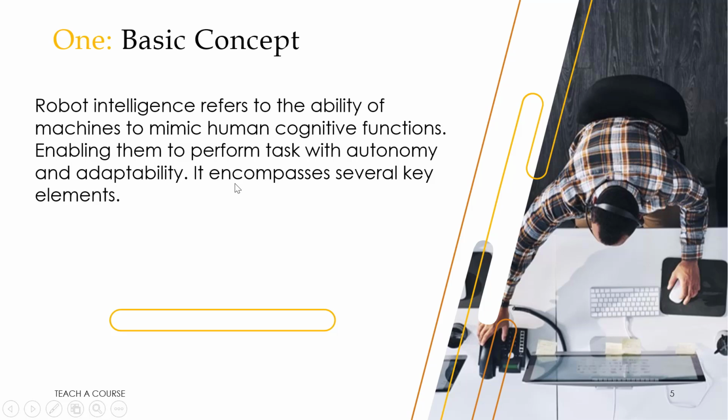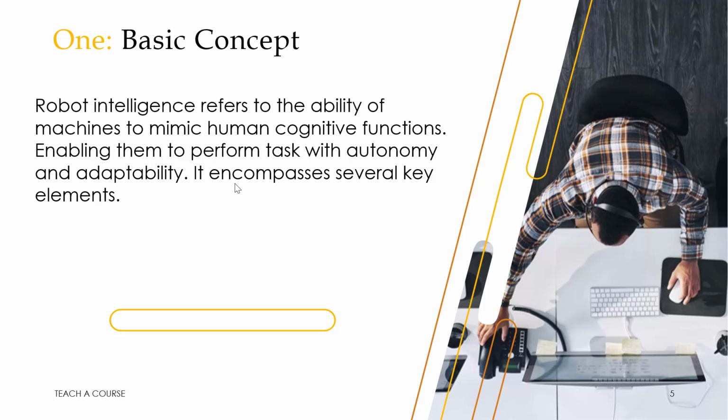Robot intelligence refers to the ability of machines to mimic human cognitive function, enabling them to perform tasks with autonomy and adaptability. It encompasses several key elements, and some of these key elements are sensing and perception.